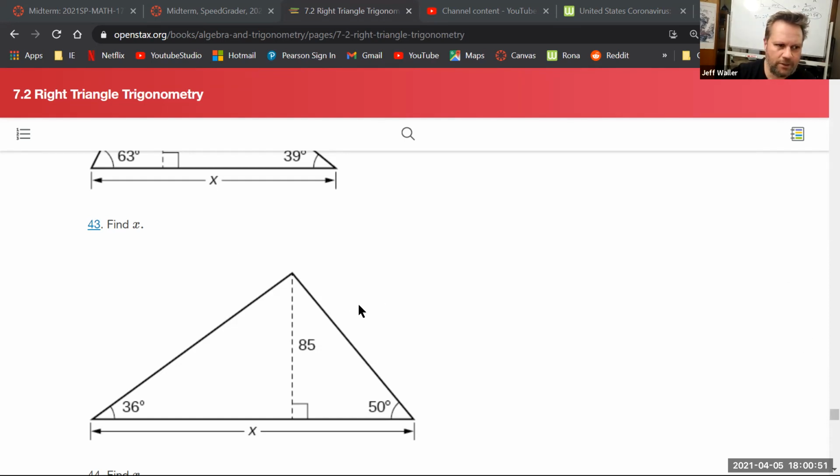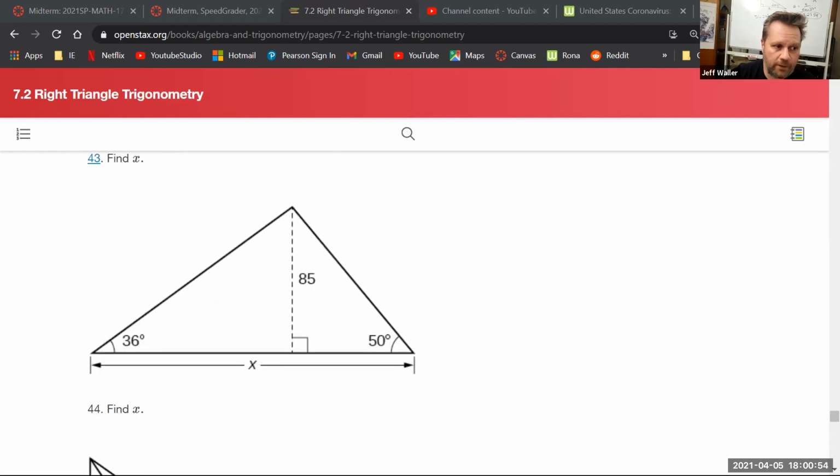So it should be pretty obvious in 43 where the right triangles are. I'm trying to figure out what this entire side length is, but I'm going to break it up. Let's call this one A, and then this will be X minus A. Is that cool?